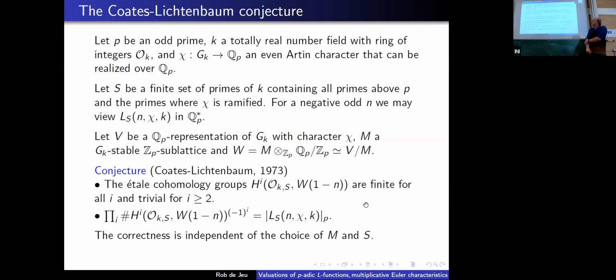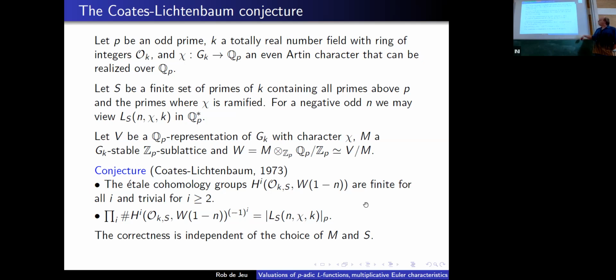You then choose a stable Z_p-lattice of this vector space, and then you create the torsion quotient. Depending on which you look at, you can either use this one or dualize, in which case you get maybe non-torsion coefficients and different indices for your cohomology groups. Anyway, the simple formulation is what I've written down here.